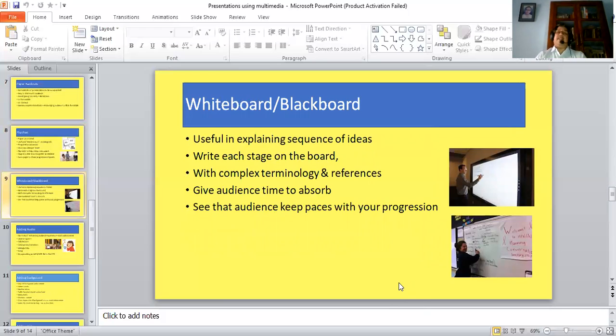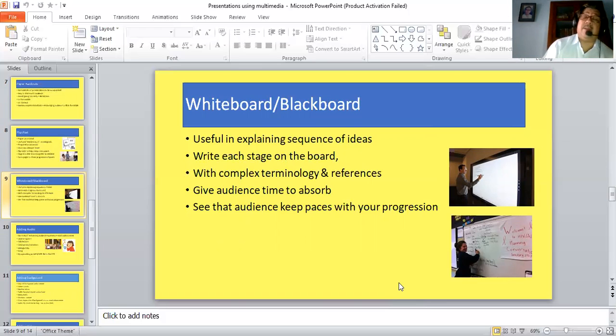We also have the whiteboard or the blackboard. Now, we have two things, as I have said already. One is the traditional whiteboard, where we can use that whiteboard in an interesting way for writing down points and examples, or even drawing pictures and diagrams. Again, it is useful to write down some points in advance before you begin the presentation.